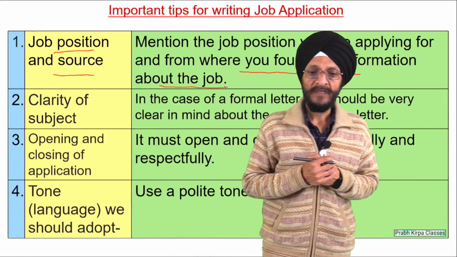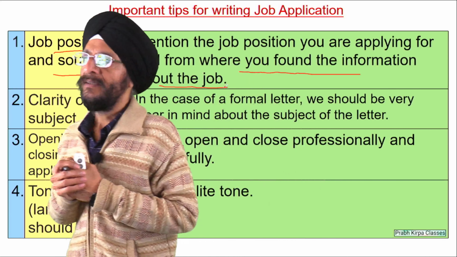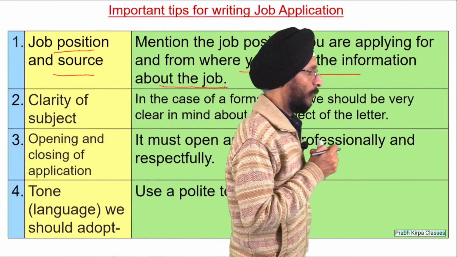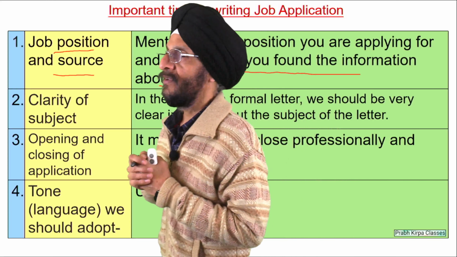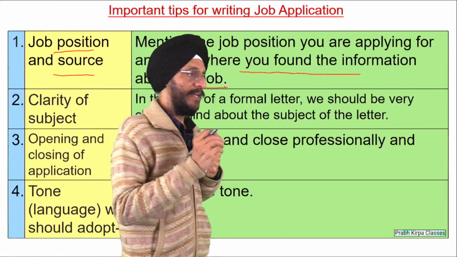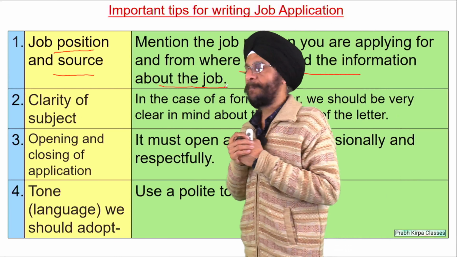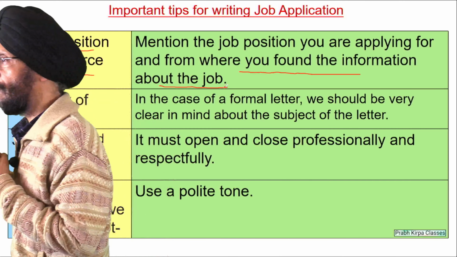Next point is clarity of subject. It may be possible that while giving a job ad, the organization may have invited applications for different posts. So whenever you are writing a job application, you should specifically mention the post for which you are applying.